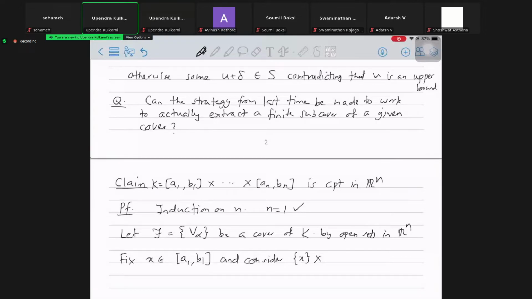So I'm saying consider the subset where the first slot is fixed to be x. So if I'm thinking of this as a box, then what I have done is, let's say this is a 3-dimensional box, n is equal to 3. Then what is this set? Oops, [an, bn].